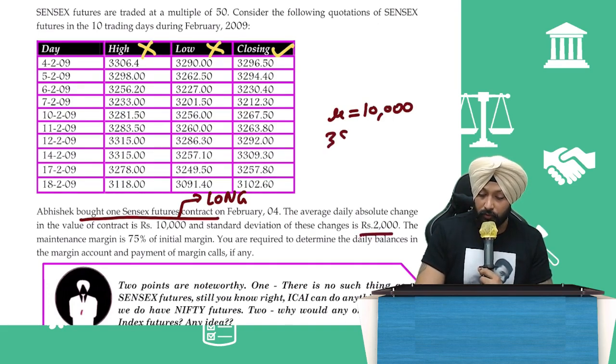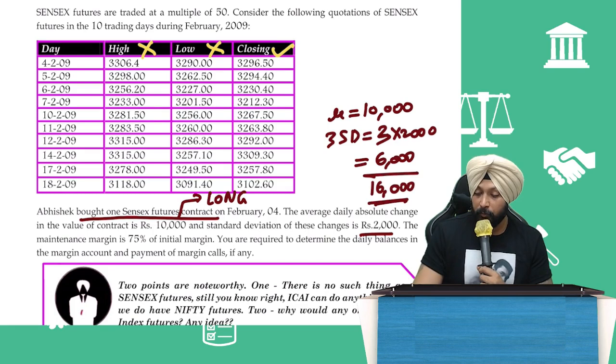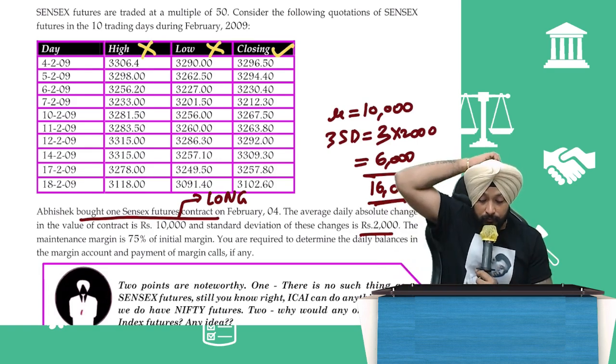So we take 3 times the standard deviation, which is 3 into 2,000, which is 6,000. So you understand that the margin needed initially would be 16,000, right? Mu plus 3 times the standard deviation. The maintenance margin is 75% of the initial margin, which is 12,000 rupees. You are required to determine the daily balances in the margin account and payment of margin calls, if any.